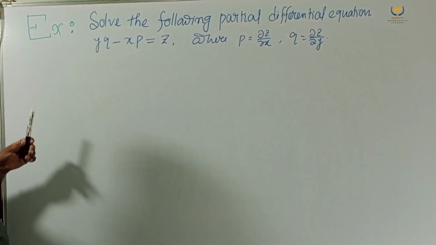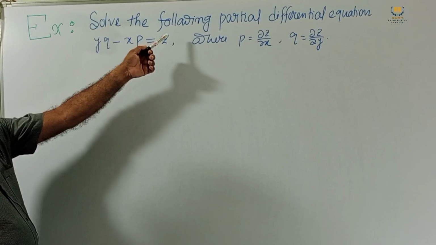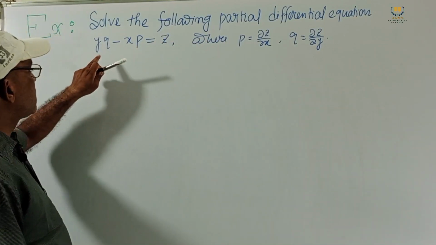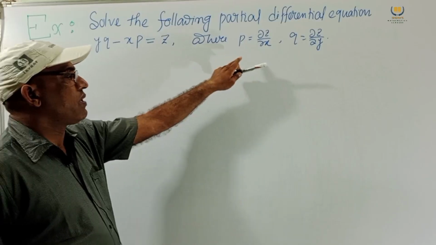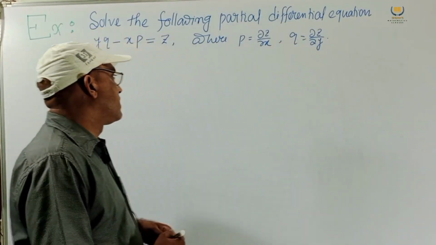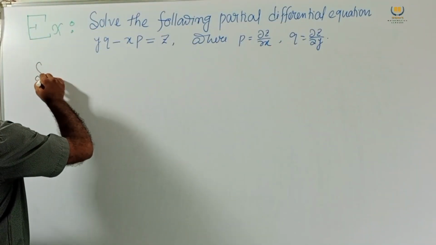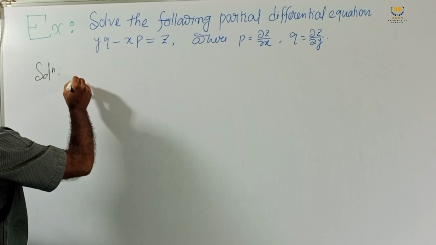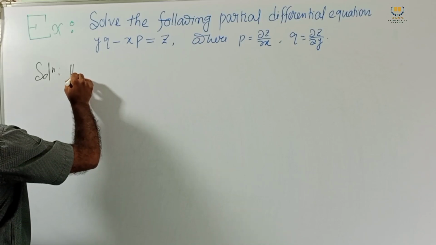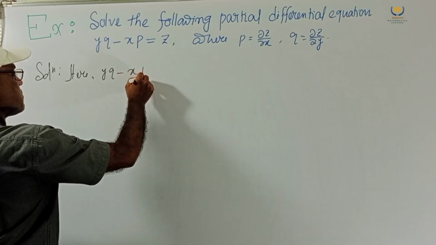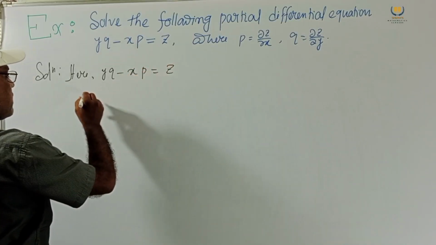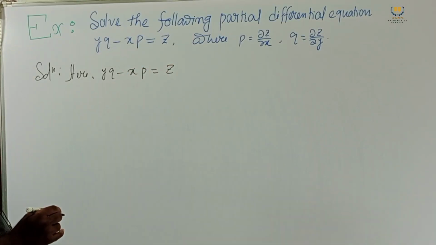Now we want to solve this problem. Solve the following partial differential equation: yq − xp = z, where p = ∂z/∂x, q = ∂z/∂y. Now the solution starts. Here yq − xp = z is given.